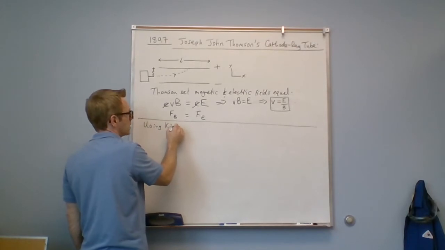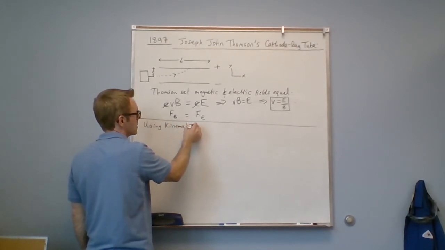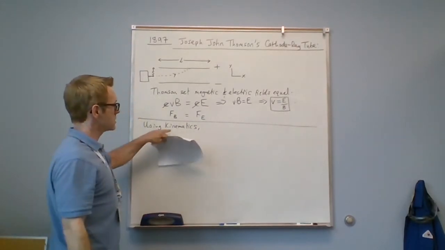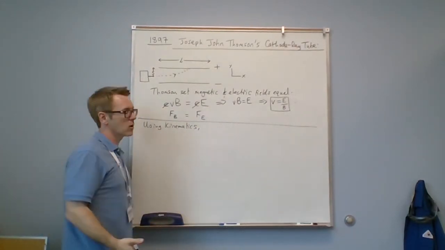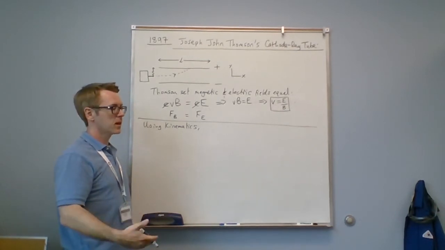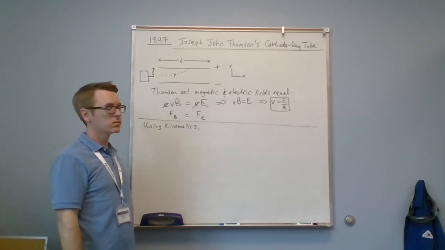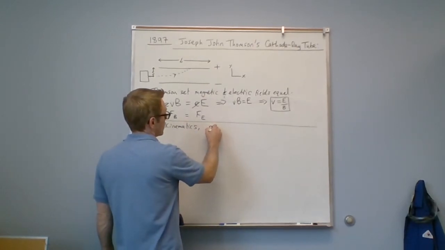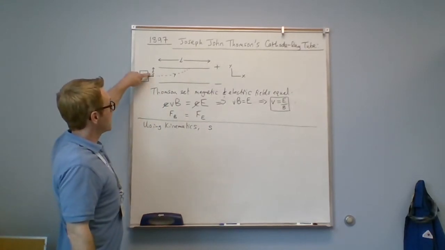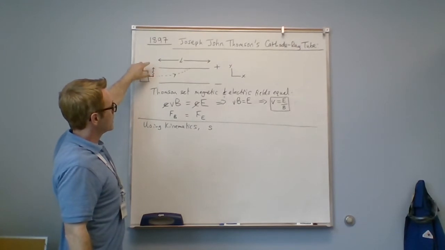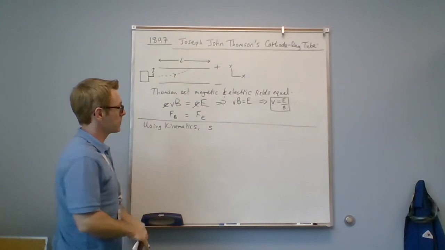Using kinematic equations of motion, so basically equations, we saw kinetic energy, so kinematic equations are just equations that can be used to explain motion, Newtonian motion, classical motion. We're going to look at this deviation here, S. S essentially is the midpoint of the tube, but it's through a distance s that the electron accelerates.